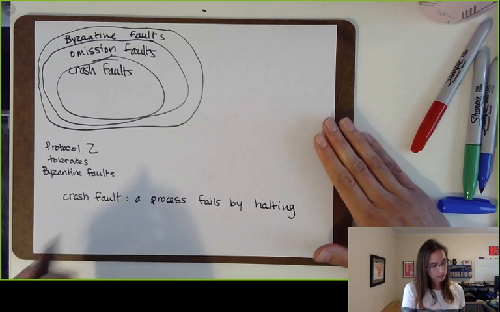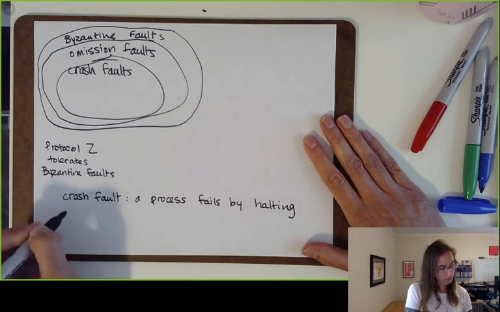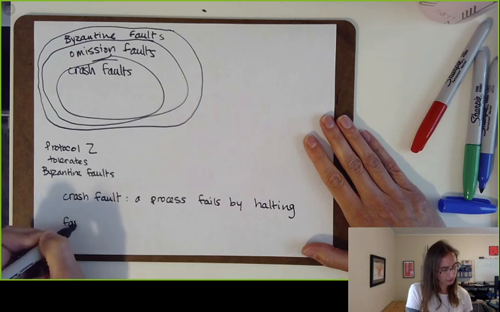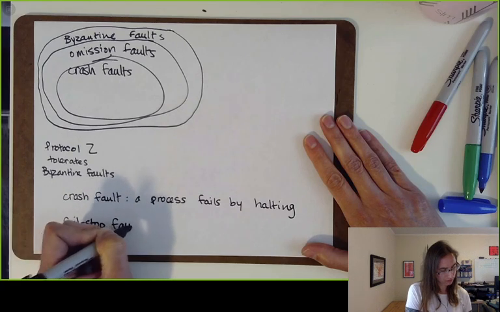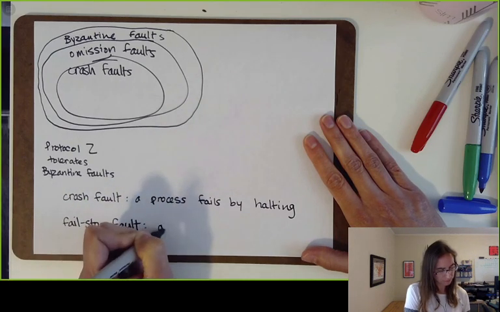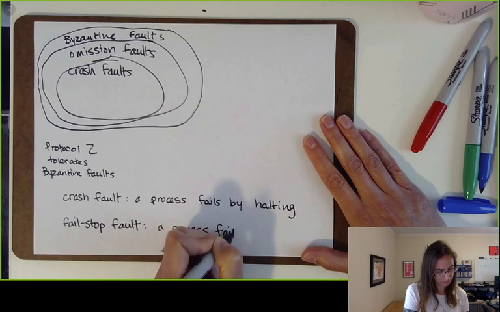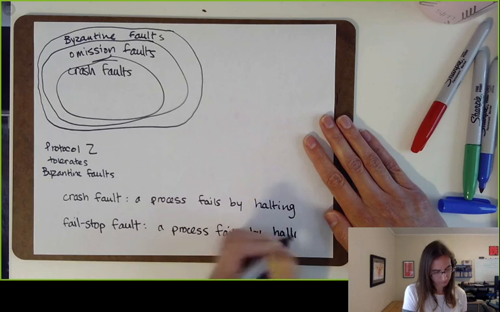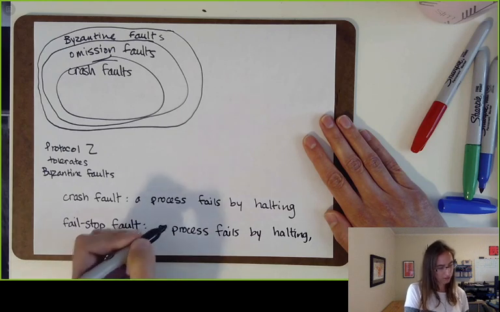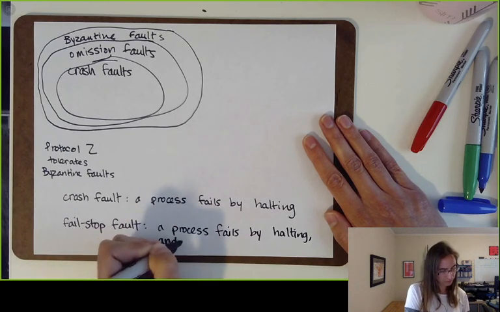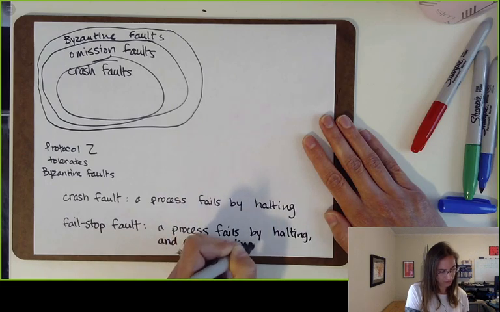So let me try to differentiate crash faults from a different category of fault, which I'll call fail-stop faults. In a fail-stop fault, a process fails by halting, and everyone knows it crashed.